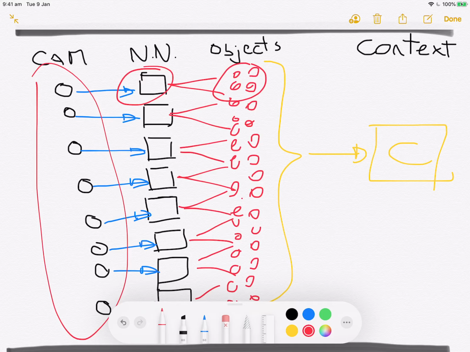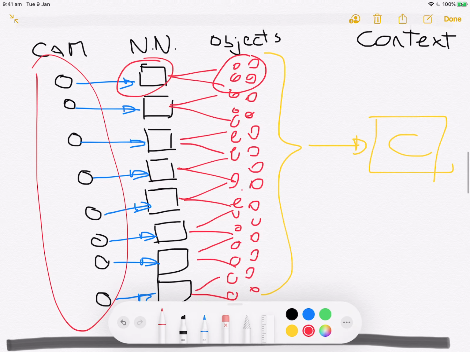So objects can be moving objects or static objects or pedestrians, cars, stop signs, all that kind of stuff. So essentially now each camera is analyzed independently. That's not entirely true. Some cameras work together to identify features and objects, but pretty much each camera is an independent thing. And then you have all the objects here.